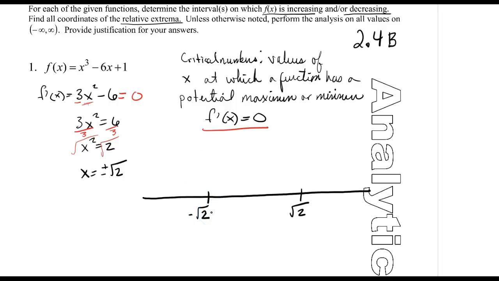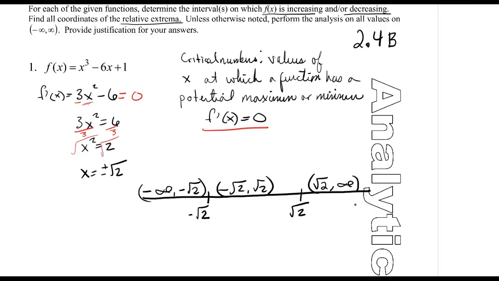And what I like to do is immediately then write out what are the intervals that I've defined. So this interval is negative infinity until negative radical 2. This interval here is negative radical 2 to radical 2. And this interval is radical 2 until infinity, because there's no other endpoint off on this side.